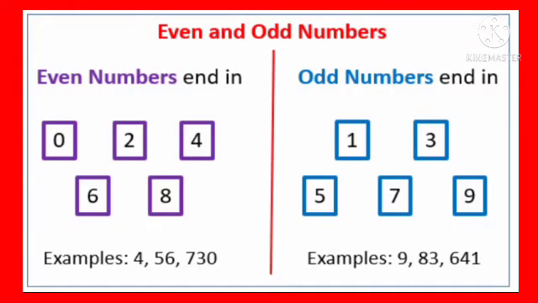In other words, the numbers ending with 0, 2, 4, 6 and 8 in one's place are called even numbers. The numbers ending with 1, 3, 5, 7 and 9 in one's place are called odd numbers.